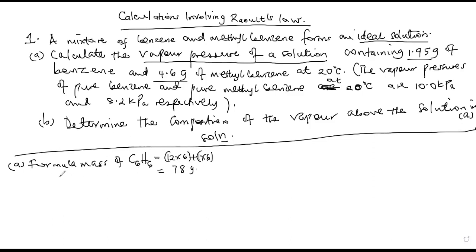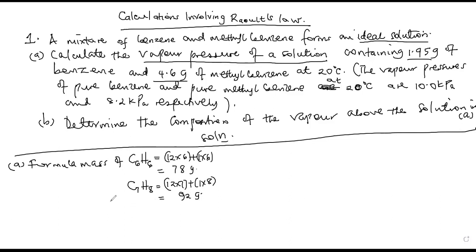Then formula mass of methylbenzene is C7H8, and it's going to be 12 times 7 plus 1 times 8, which is 84 plus 8, which is 92 grams.